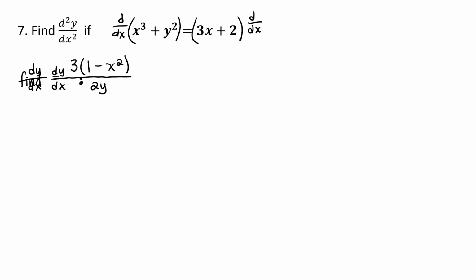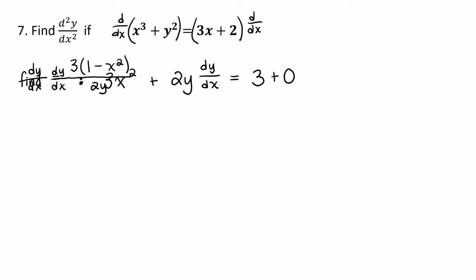So the derivative with respect to x of x cubed is 3x squared, plus the derivative of y squared with respect to x will be 2y times the derivative of y with respect to x, dy dx. And that's equal to the derivative with respect to x of 3x, which is 3, plus the derivative of a constant 2 with respect to x, which is 0.